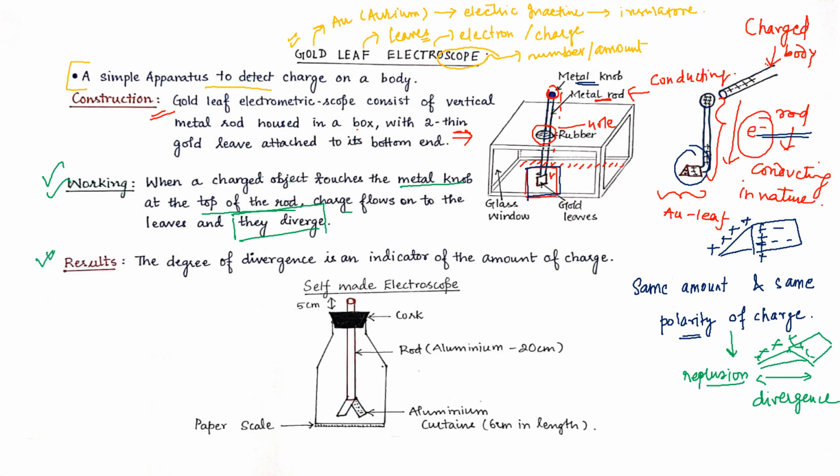The result we get through this experiment is that the degree of divergence is an indicator of the amount of charge in the charged body. Now what is this? This is a self-made electroscope.